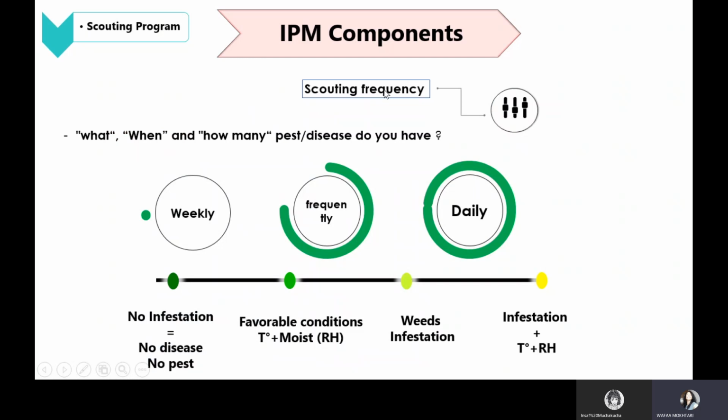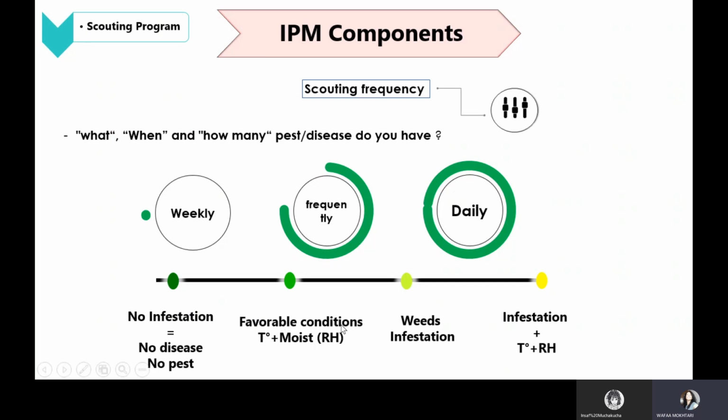Scouting frequency is also really important in the scouting program. It helps you know what, when, and how many pests or diseases you have. When you do not have infestation, which means you do not have any diseases or pests, you may visit your field at least one day per week, so it is a weekly visit.